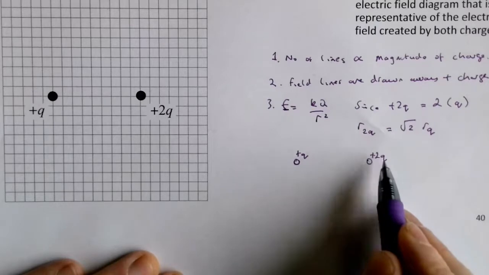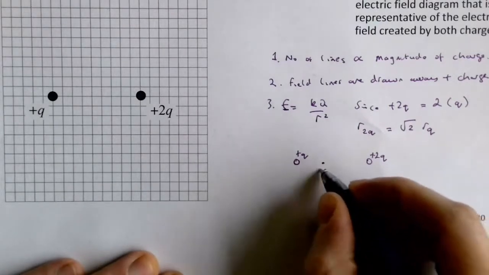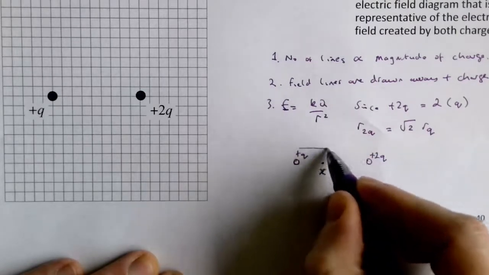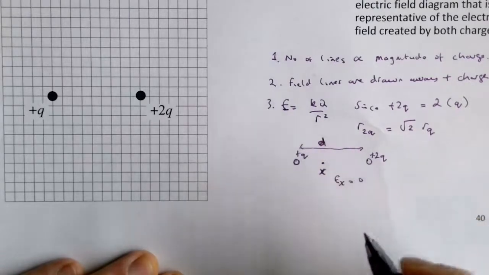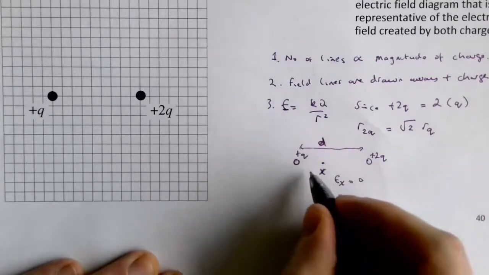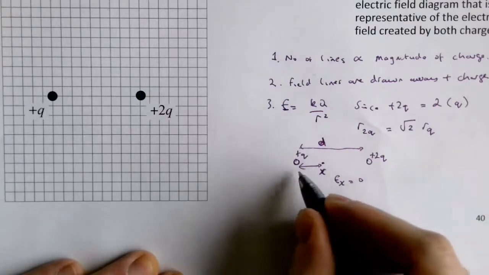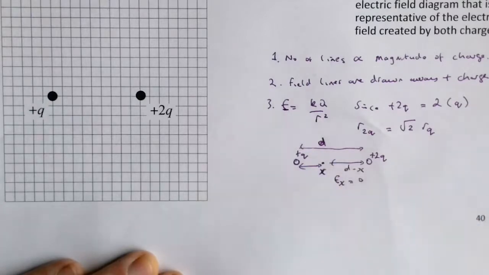to the plus 2q. So let's say that we have some point x where the field is equal to 0, where Ex equals 0. And let's say the charges are separated by a distance d. So this is a distance x from the plus q, and then from the 2q we've got d minus x, which is going to end up here with a quadratic.